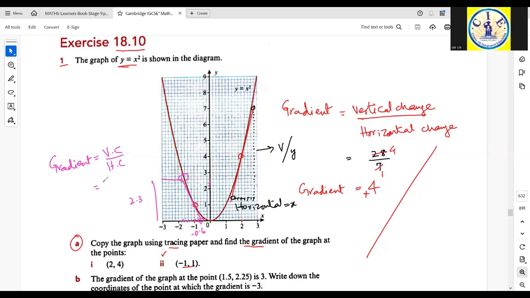So for the vertical change we do 0 minus 2.3, and for x it is 6 or 7 small boxes.